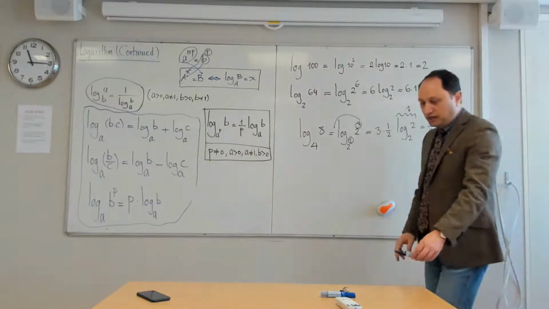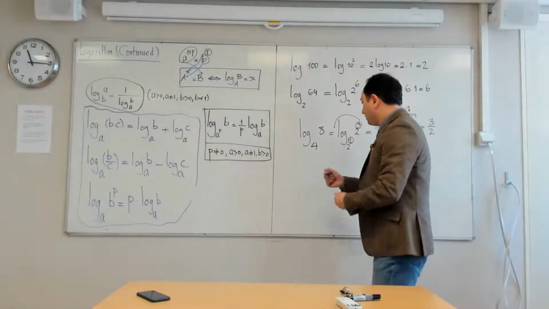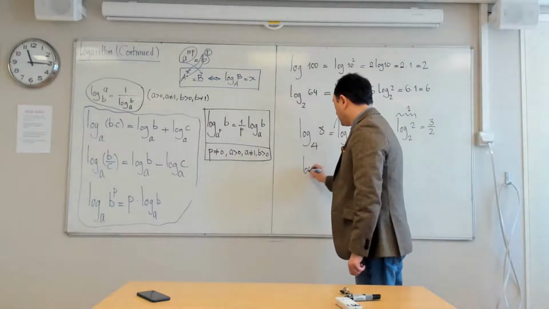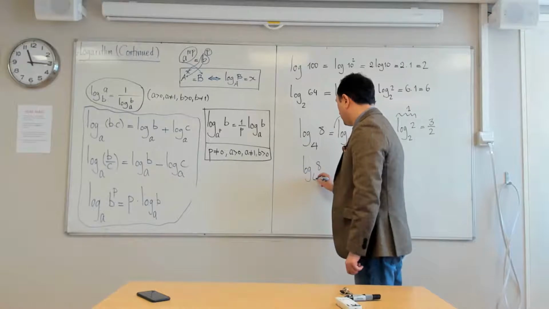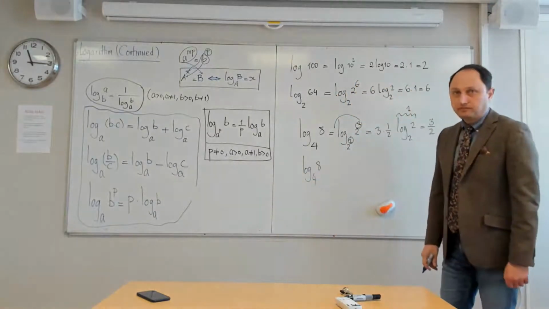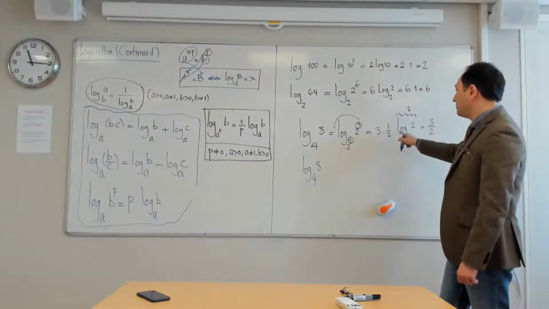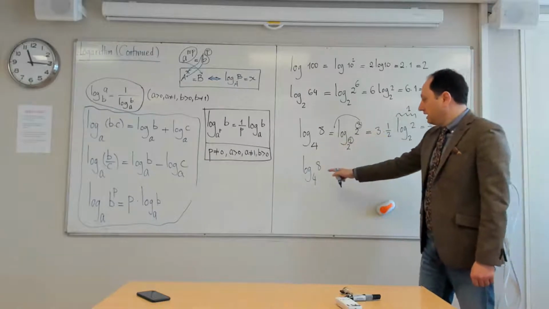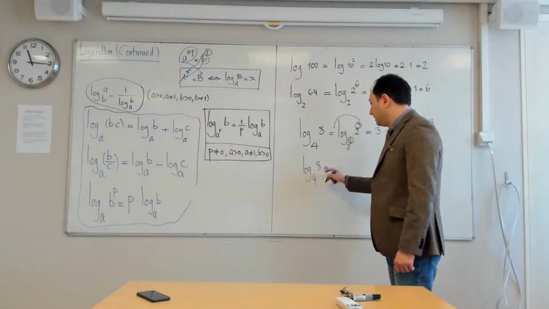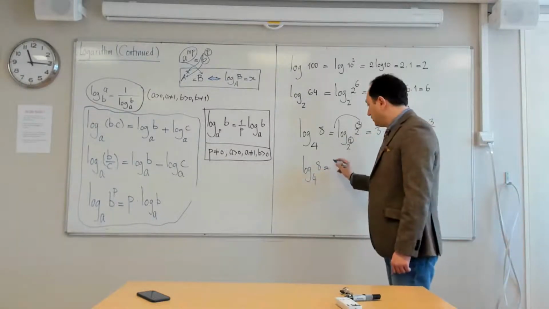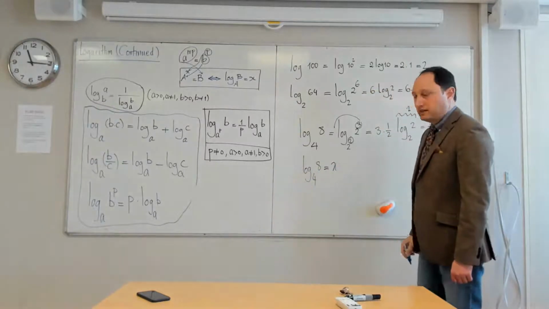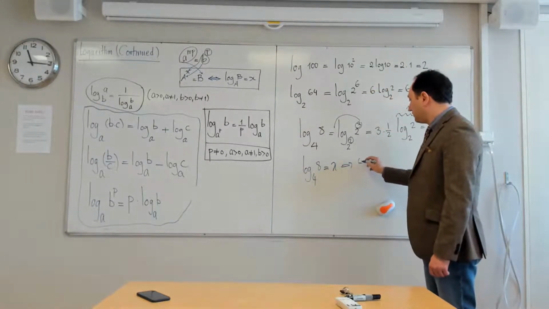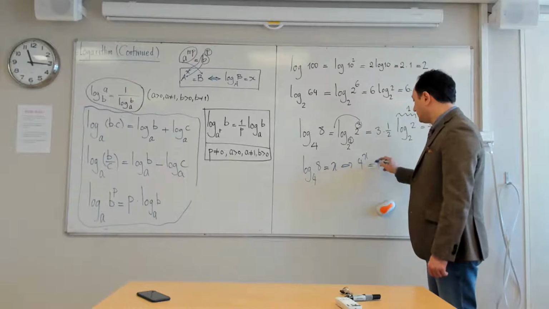So let me just remind you, in case you have forgotten, that you don't need these formulas to answer this. But this, I would say, is a much more advanced way to do that. Here, if we cannot guess, we called it x, and then we say that 4 to the x is 8.